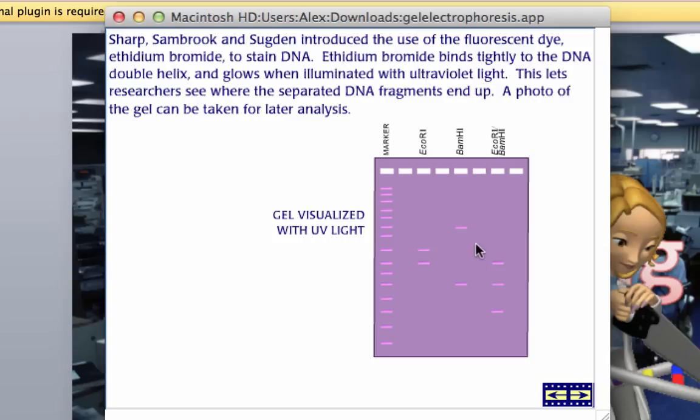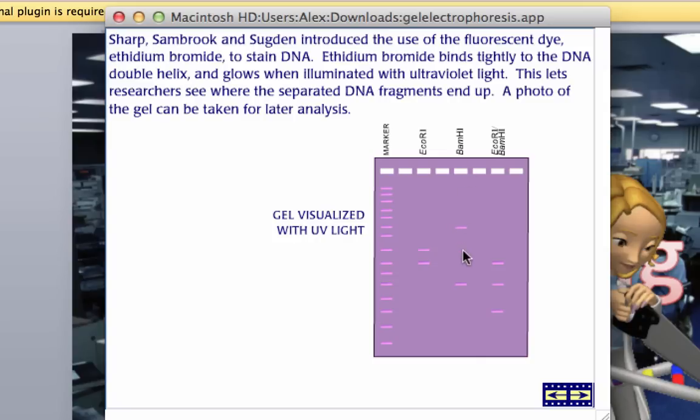And then here you can see that these fragments are moving. And so I can conclude that this is a clump of a whole bunch of DNA fragments that are all the same size. Hence they move together. And the more fragments that are there, the darker this little stain will be. The fewer fragments there are, the lighter the stain will be.